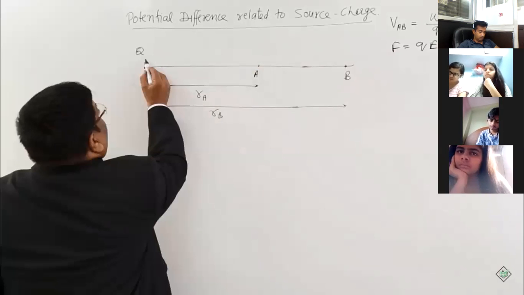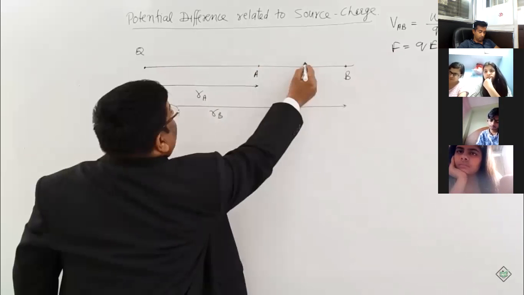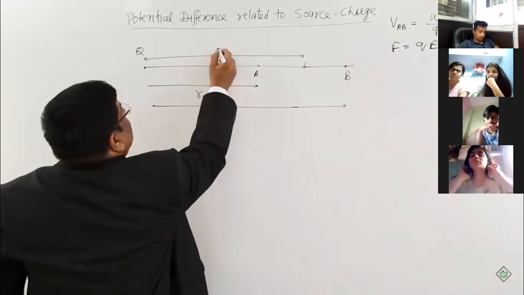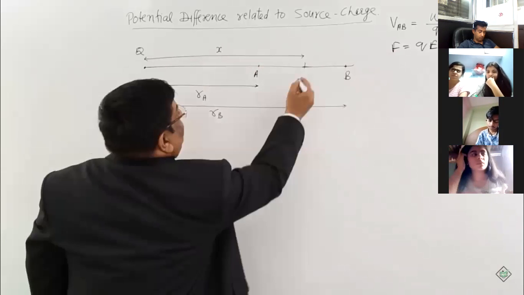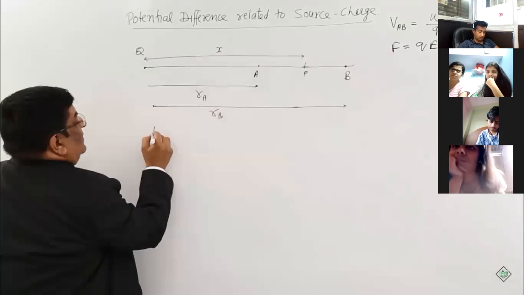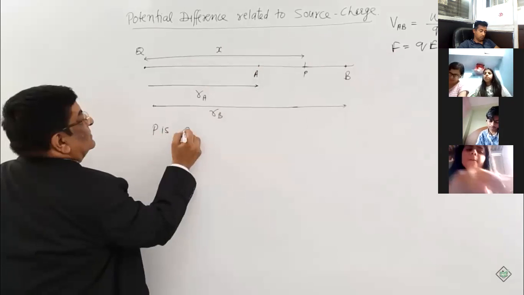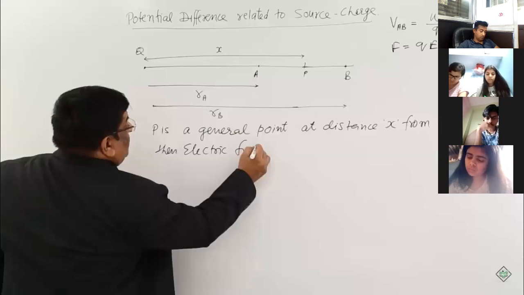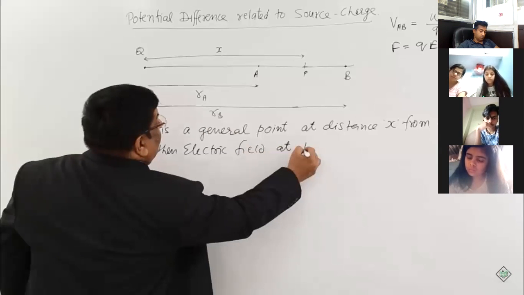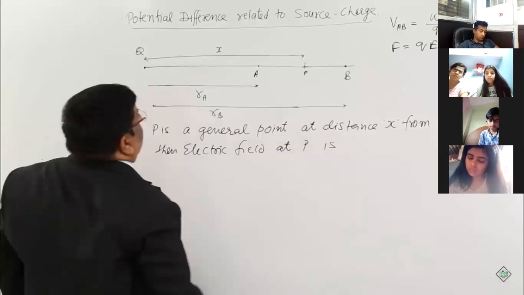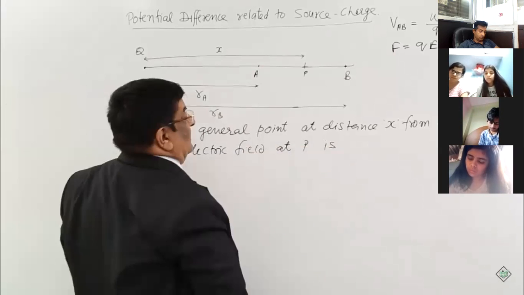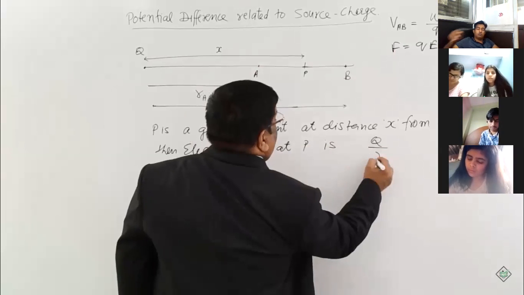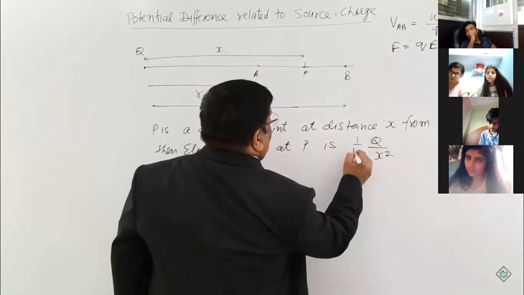From this point I take any one point, let us say a general point P which has a distance x. Electric field at P is 1 upon 4 pi epsilon naught, Q upon x square.